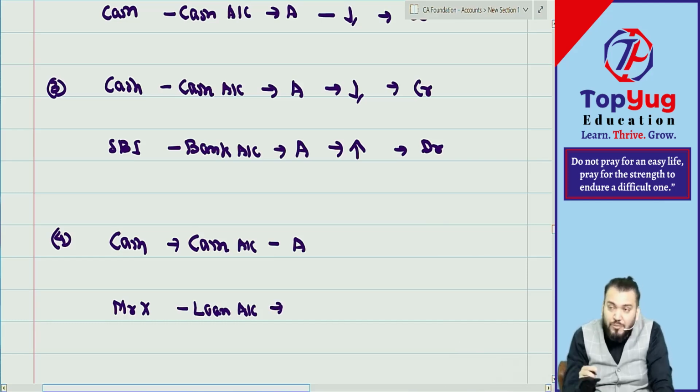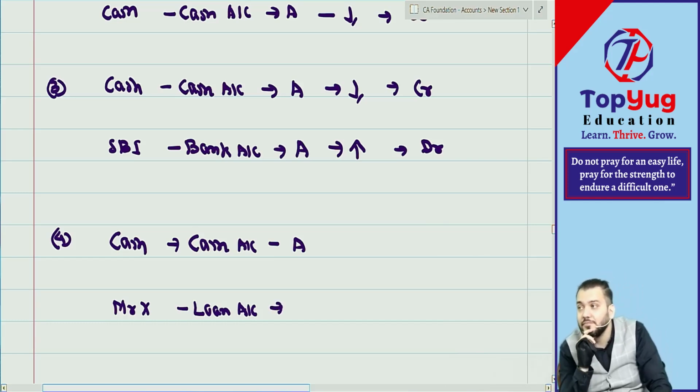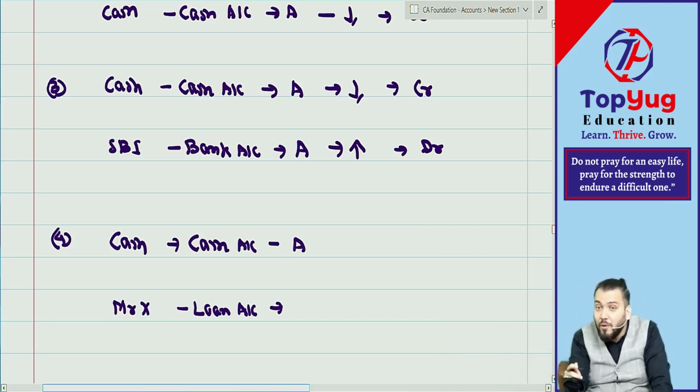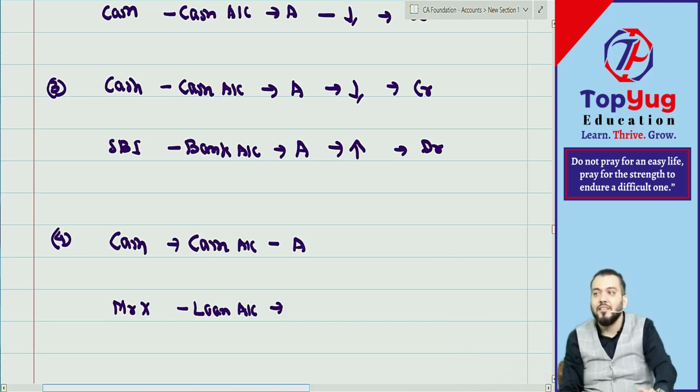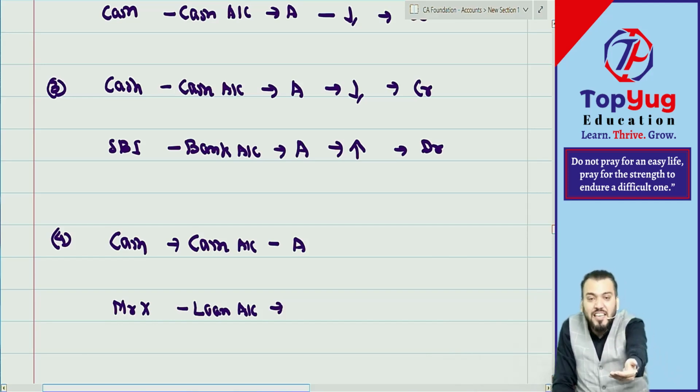This loan to Mr. X is what? Liability, very good. Because it is an amount given to Mr. X. Correct, बताओ. Is it a liability or an asset? No, no, no, no. I said good, but it is not correct. One second. You have given some amount to Mr. X. Is this amount receivable or payable?